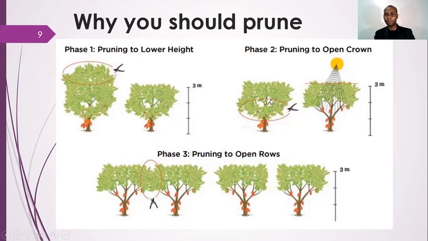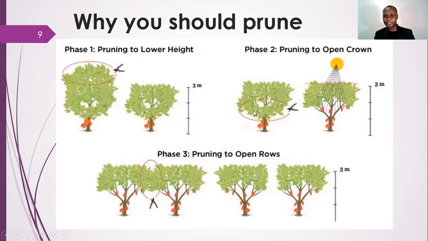And then over here, you have to remove all the branches and leaves in this area. The smaller branches and leaves in this area need to be removed as well.